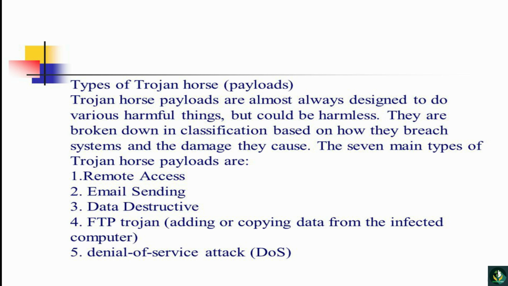The 7 main types of Trojan horse payloads are remote access, email sending, data destructive, FTP, Trojan, and denial of service attack. Basically, DOS attack. It's a really powerful attack. In previous years, hackers gave DOS attacks on Google and GitHub.